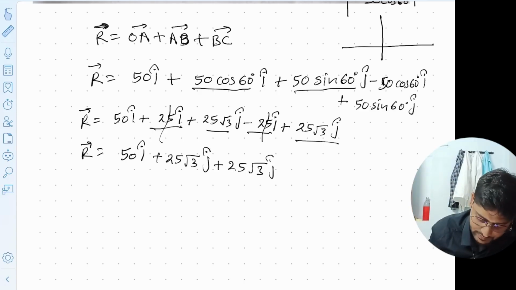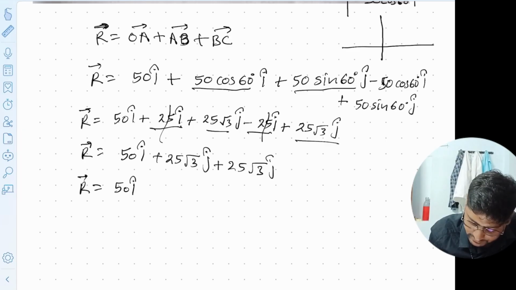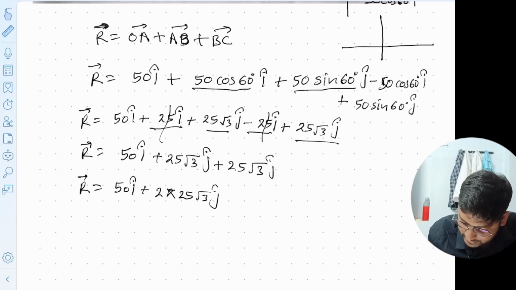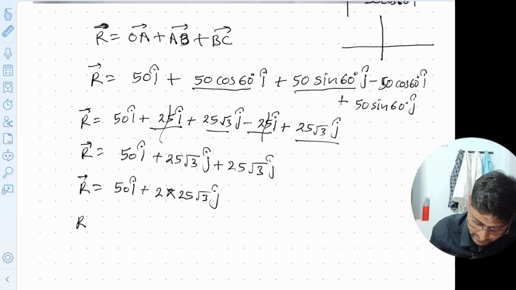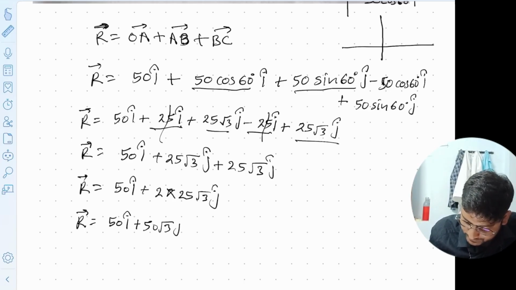So the R vector equals 50 I cap plus 50 root 3 J cap.